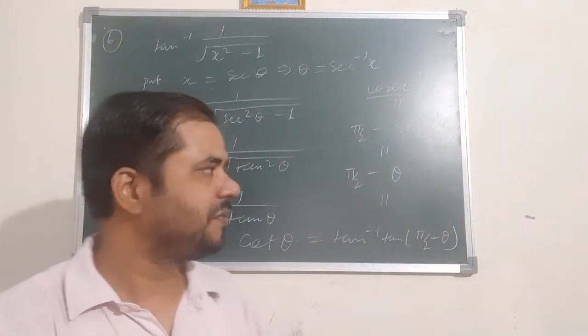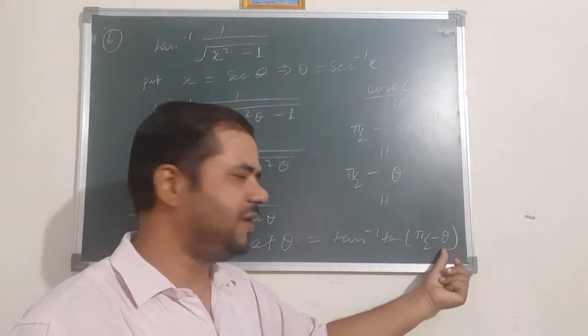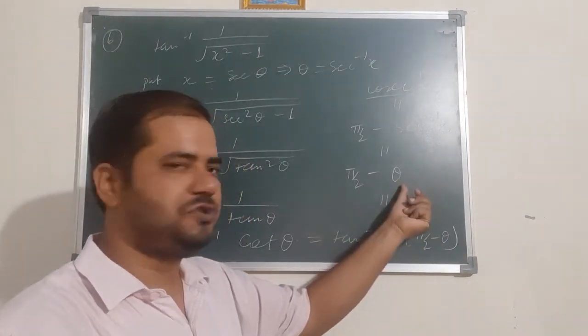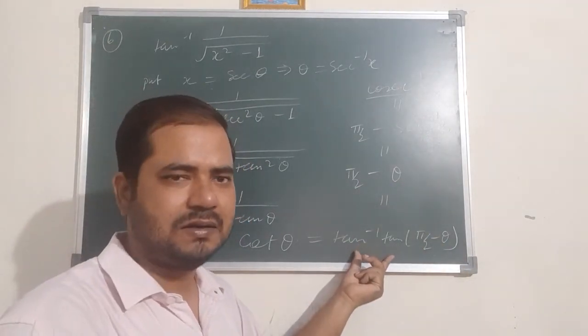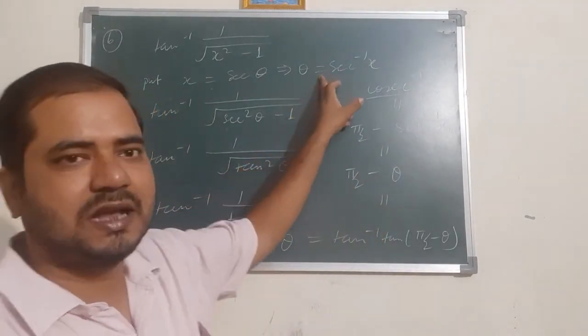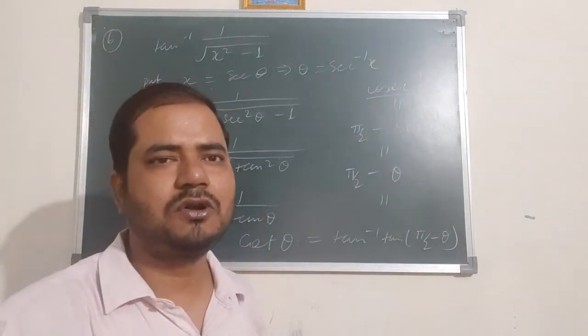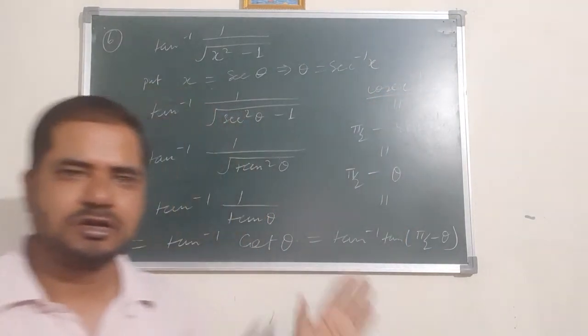Okay. Maybe this is not visible. So please see, tan inverse of tan of (pi by 2 minus theta) is pi by 2 minus theta, because tan inverse tan theta is theta simply. Theta is what? Sec inverse x. So pi by 2 minus sec inverse x. This is nothing but cosec inverse x. Okay. So please note it down.